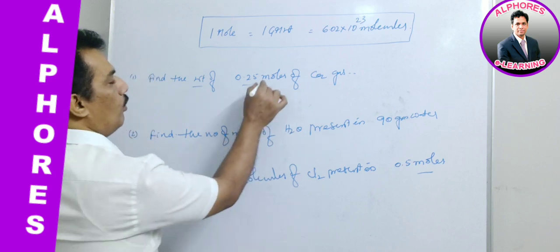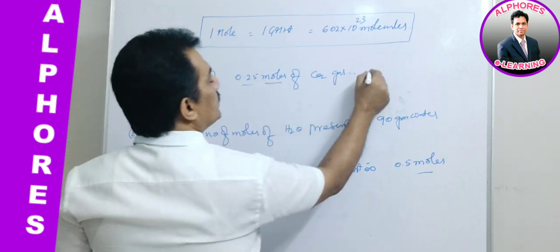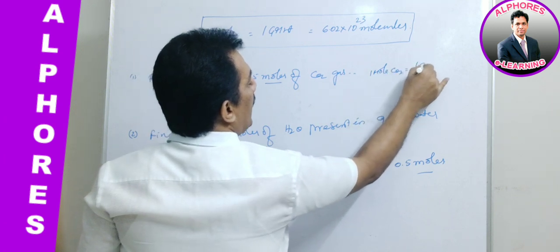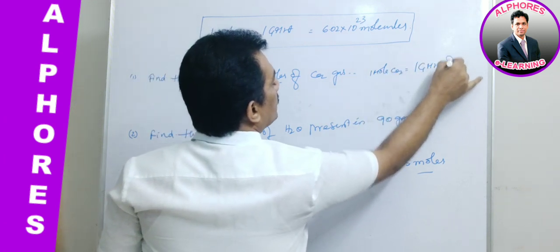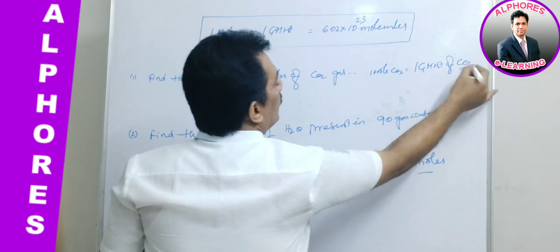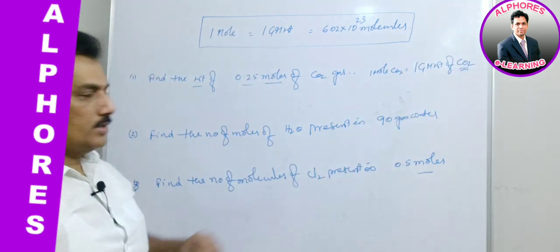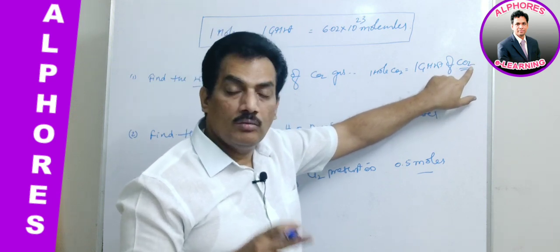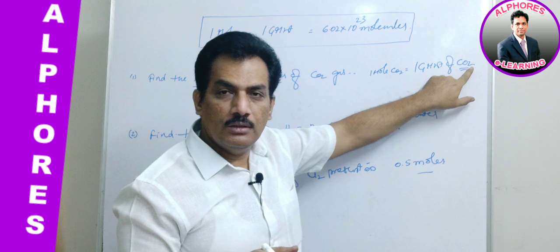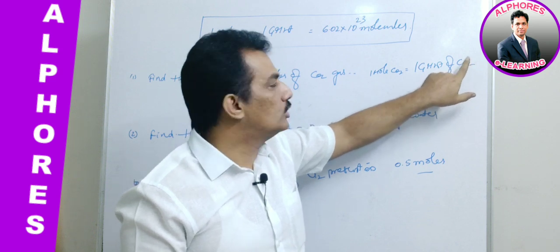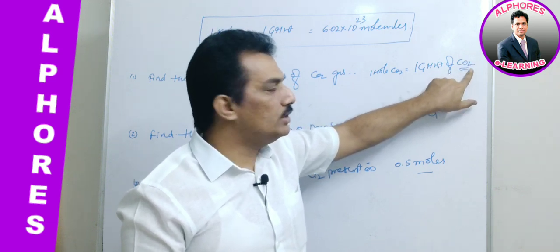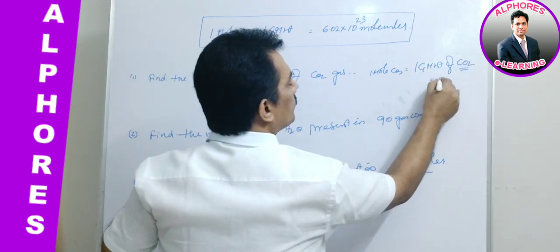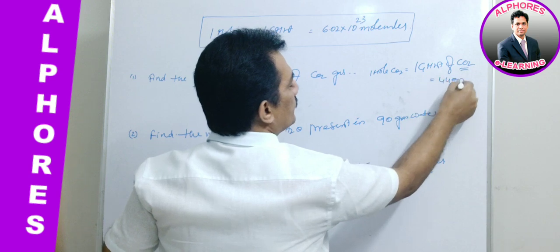Now let us find the weight of 0.25 moles of CO2 gas. It is given in moles, and we know 1 mole of CO2 is equal to 1 gram molecular weight of CO2. The CO2 molecular weight: carbon is 12 plus oxygen, each atom weight is 16 plus 16, 32. So 12 plus 32 is 44. So the gram molecular weight of CO2 is 44 grams.